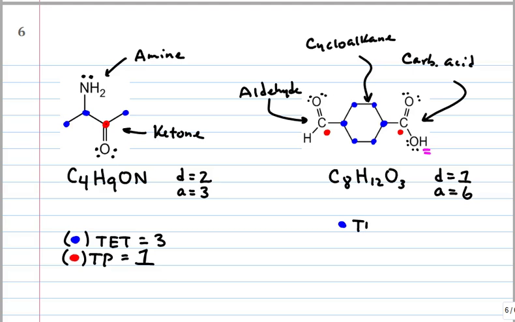So they are tetrahedral. So 1, 2, 3, 4, 5, 6. And then we've got the only trigonal planar carbons in this molecule. That's not always the case, but in this molecule happens to be 2. All right?